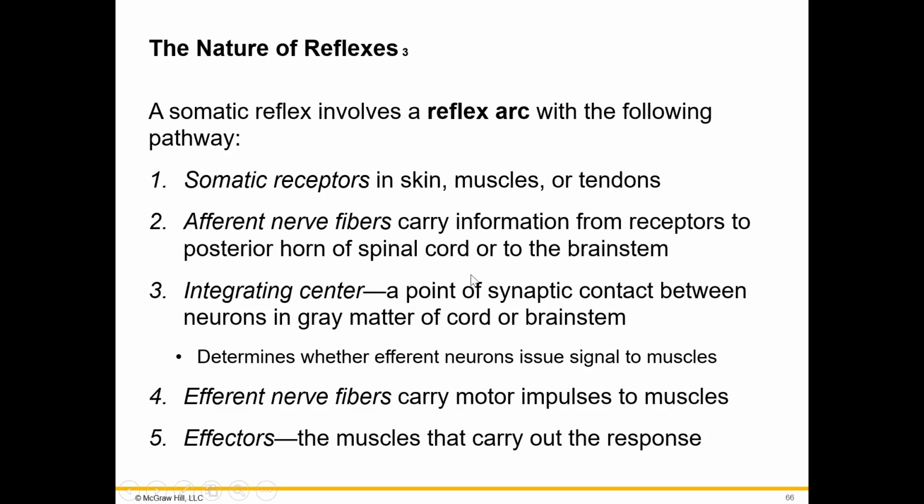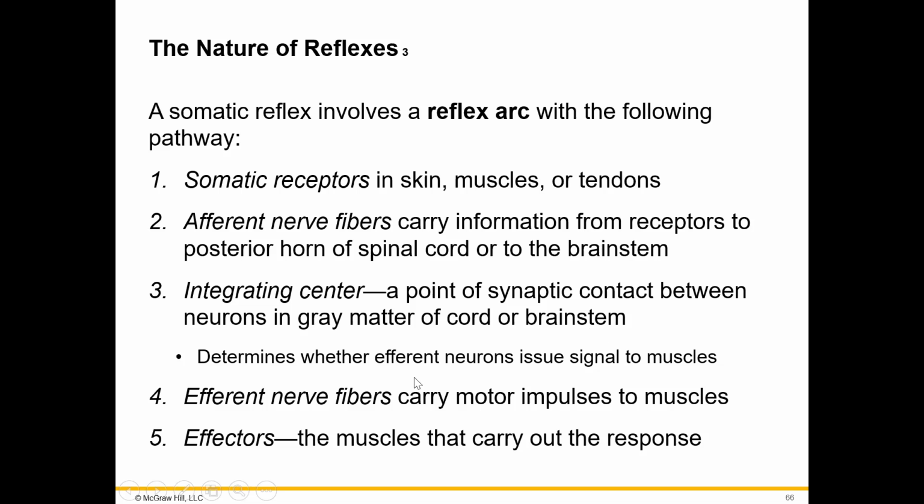The integrating center is a point of synaptic contact between the neurons in the gray matter of the cord or the brainstem.